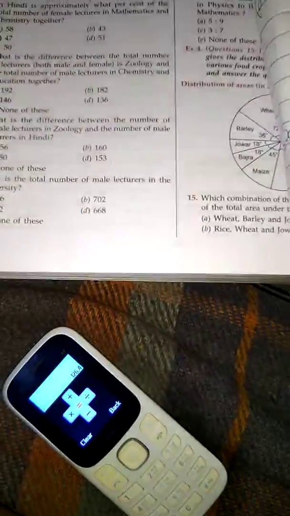So the answer to this question is option E, none of these.